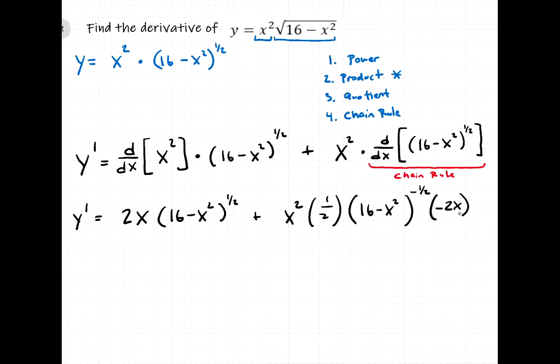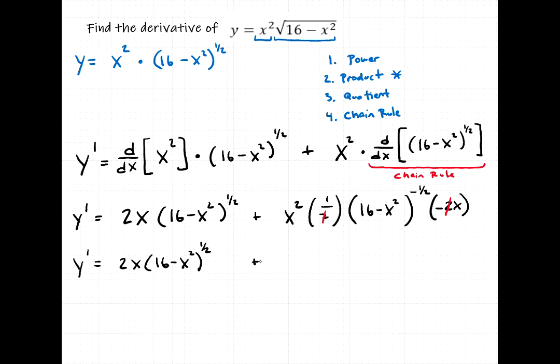All right, so off the bat, it looks like this 2 will cancel this 2. And let's see what we have. Y prime is equal to 2x times 16 minus x squared. Oh, not negative, that's positive 1/2. Okay.